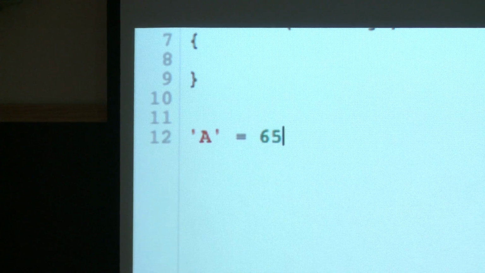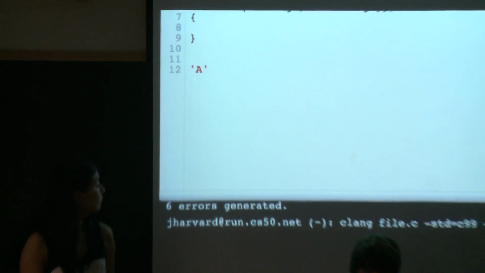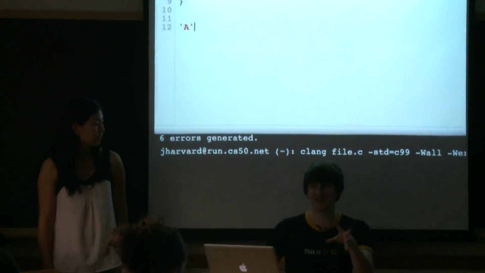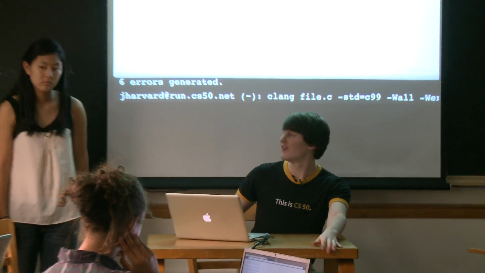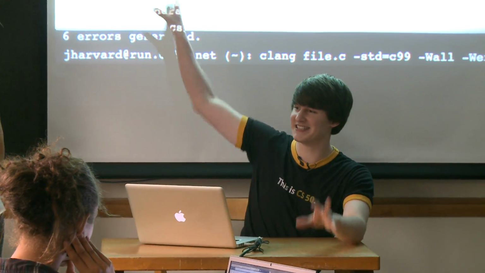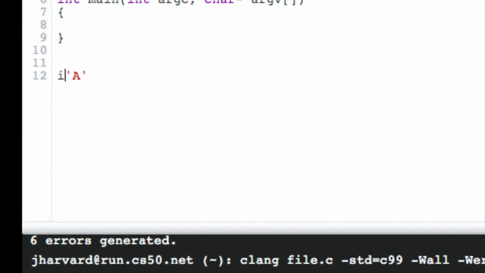So you can literally use quote A quote to mean the number 65. I can do something like int x equals 100 minus quote A, and now x will have the value 100 minus 65.